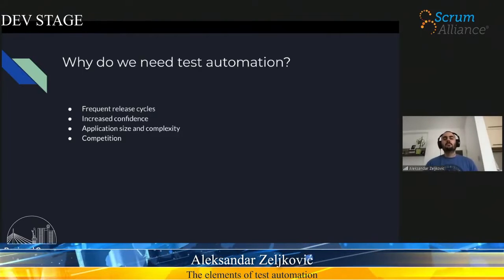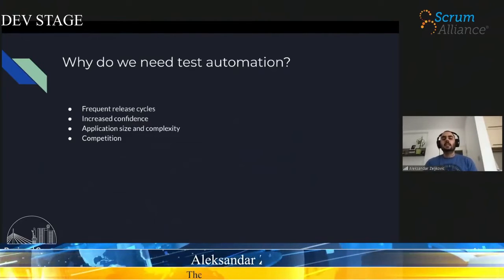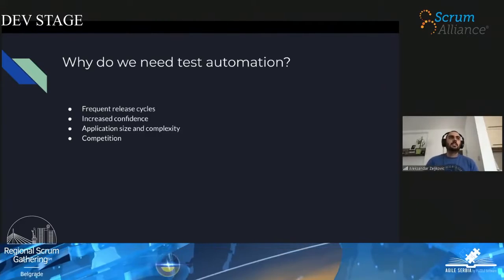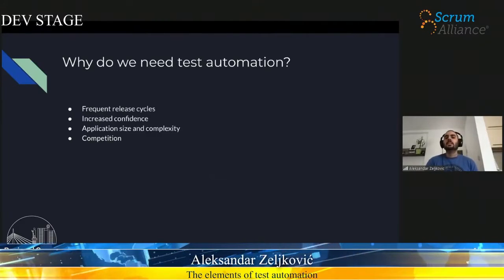We cannot manage to do that manually every sprint. And suddenly there is a high need for test automation. We need some machine or a software to help us to test faster. So we want to make sure that our application is not broken with these new functionalities, and we don't have enough time and manpower to do it.